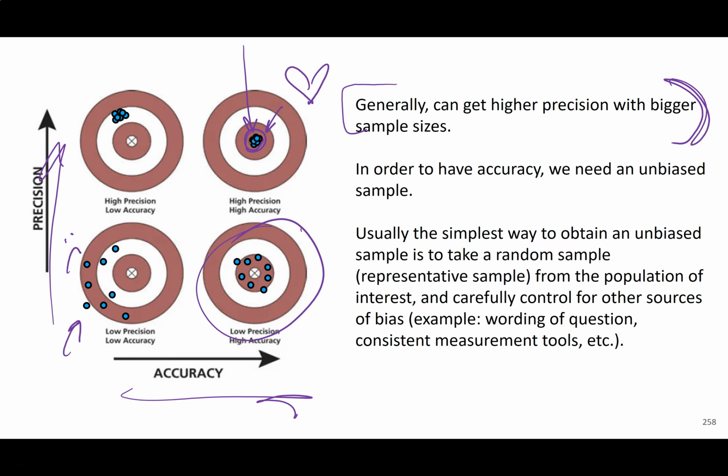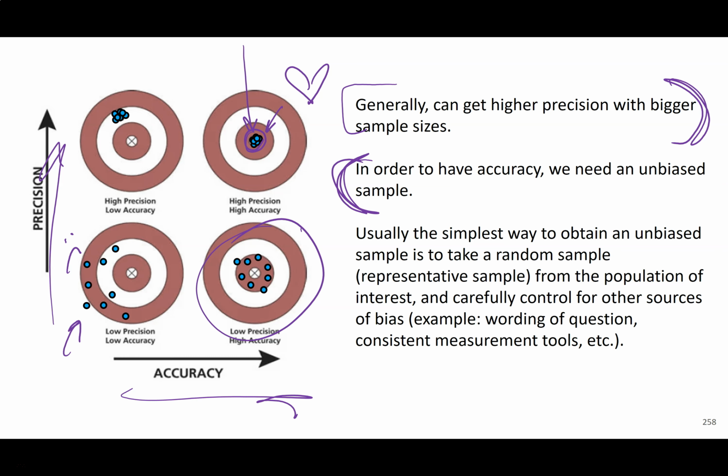Precision in general, you can increase by having a larger sample size. Accuracy, you have to do as much as possible to eliminate or at least minimize the biases. So you have to make sure that you don't have sampling bias. You don't want to be using a volunteer sample or convenience sample. You have to do everything you can to reduce the response bias.